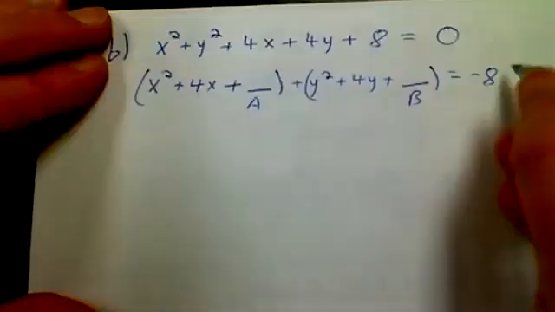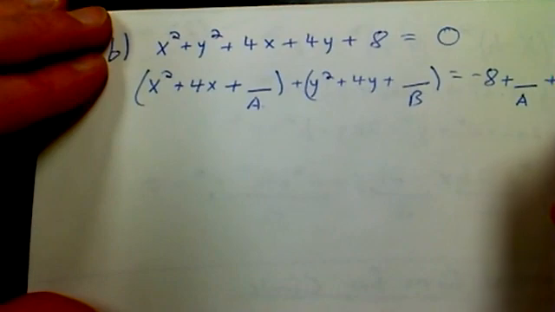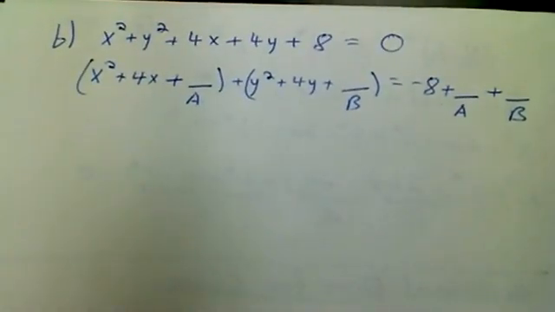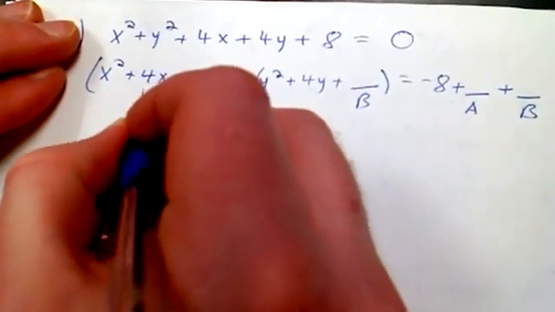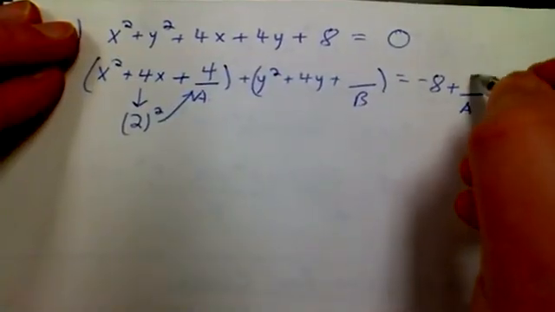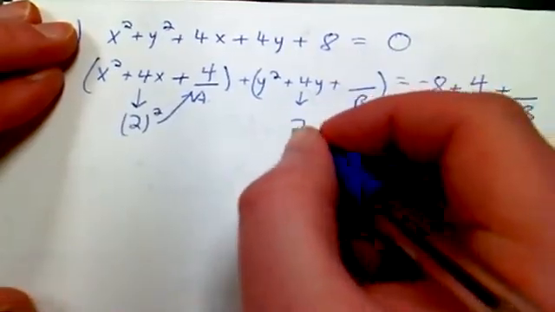But of course, if I add a blank a here, I have to do it here. And I have to do the same for the b. So notice I have that same sort of setup. Now I'm just going to complete the square twice again. So this is going to be positive 2 squared is 4. And that's fine as long as I throw a 4 here. And I have the same sort of situation here.